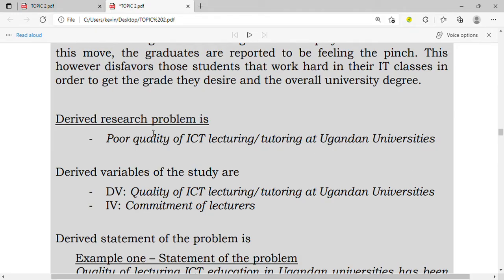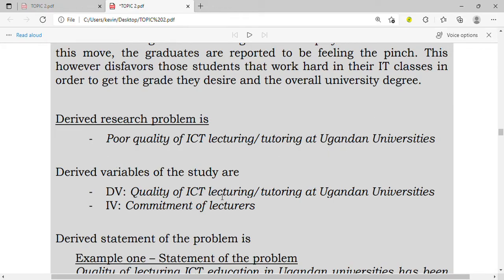Some students can even leave university without having any practical lesson or without having computer knowledge, yet they paid for it. Most of the time they concentrate more on the theory part, and they forget that we need the practical part more. So the derived research problem from the whole case study is poor quality of ICT lecturing or tutoring at Ugandan universities.